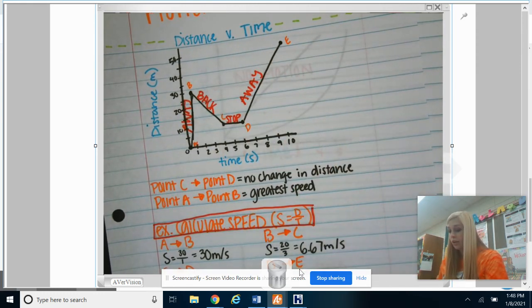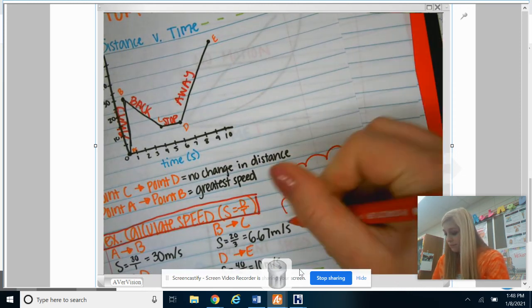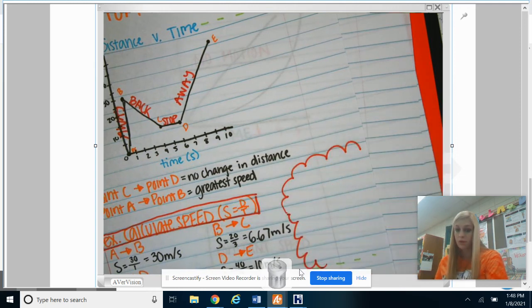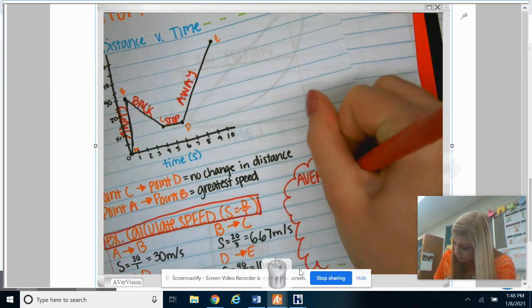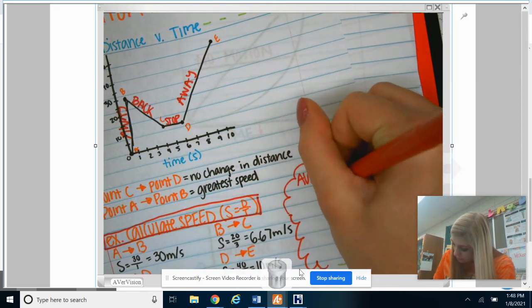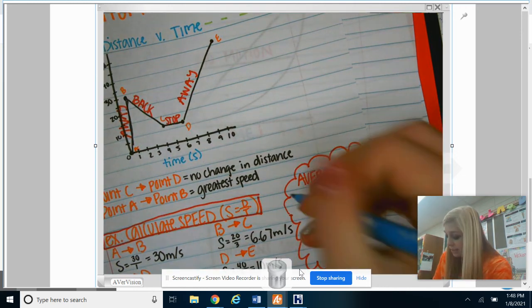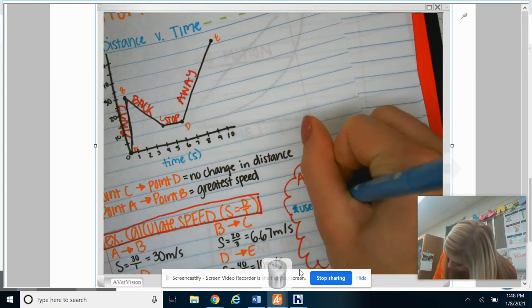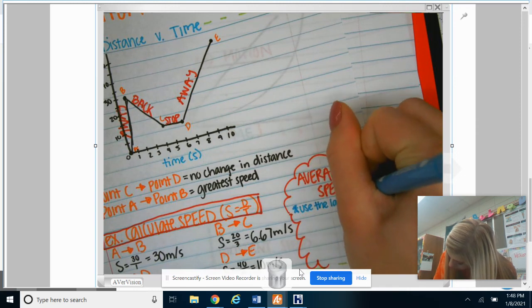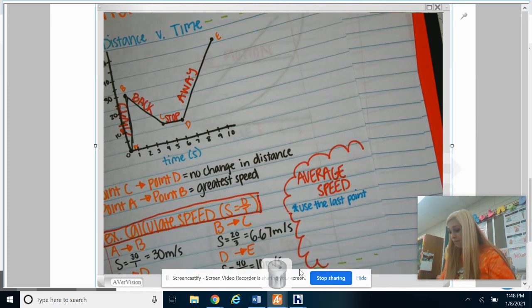If you were asked to calculate average speed, let's make this little special note over here because this is important. We always use the last point on the graph. So if they want the average speed of the whole graph, we use the last point on the graph to calculate that.